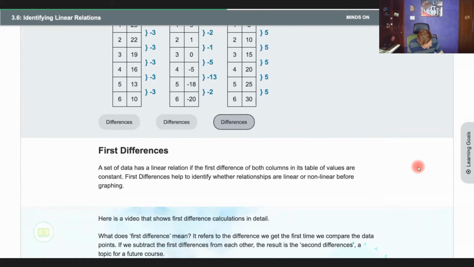First difference. A set of data has a linear relation if the first difference of both columns of values in its table are constant. First differences help to identify whether relationships are linear or nonlinear before graphing.